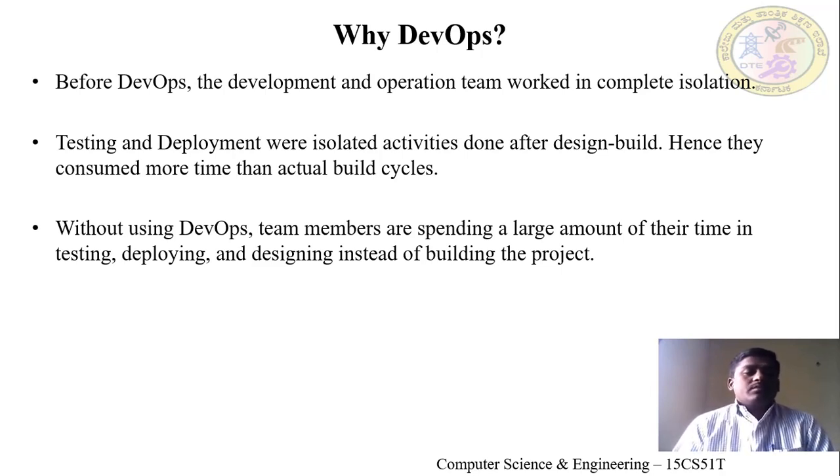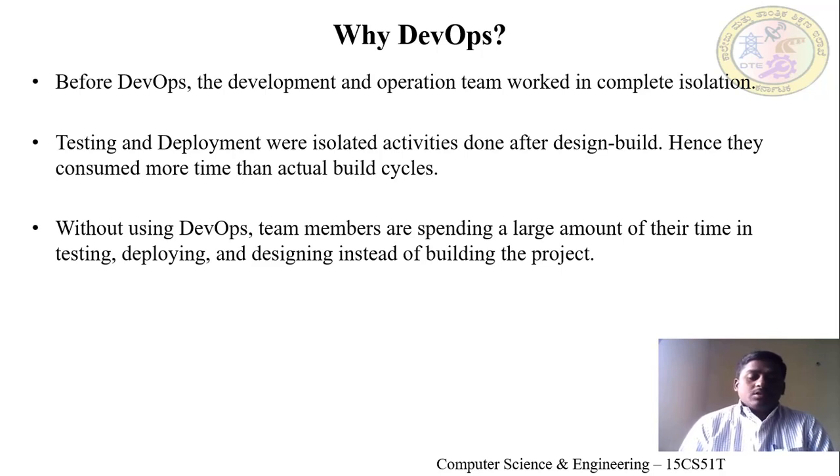Next, without using DevOps, team members spend a large amount of their time in testing, deploying and designing instead of building the project, right? Unnecessarily the team members spend time; suppose they are facing some problems, to find the solution for the problem itself they use a large amount of time, so much time they waste in the traditional IT system.